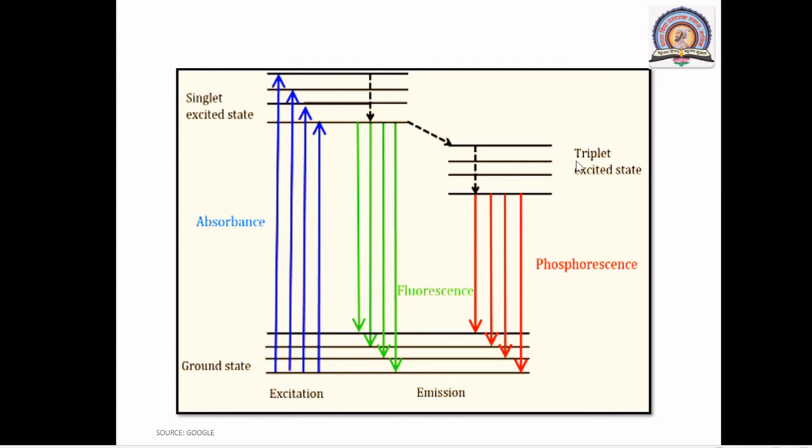You only have to remember here that in fluorescence, the molecule in the excited singlet state returns to the ground state, while in phosphorescence, the molecule in the excited triplet state returns to the ground state.